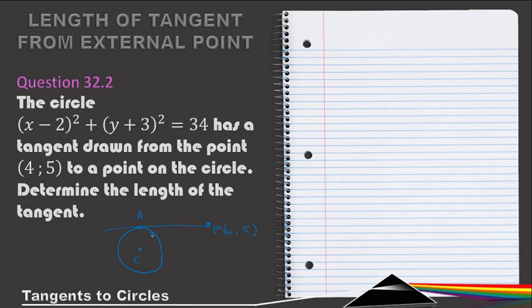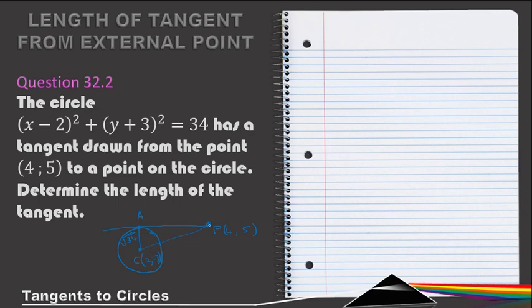Let's see what we have and what we need. We already have the center of the circle, that is (2, -3), and we know that the radius is the square root of 34. Then we just need to calculate the distance over here.